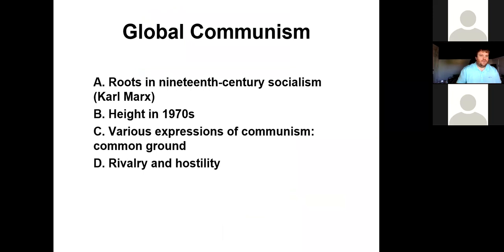rise of the Bolsheviks. So global communism, we've talked a little bit about already before, but essentially communism has its roots in 19th century socialism. So really trying to bank on everything in the 1800s that socialism would help create. Most European socialists came to believe that they could achieve their goals through the democratic process. Those who defined themselves as, quote, communists in the 20th century advocated for revolution.